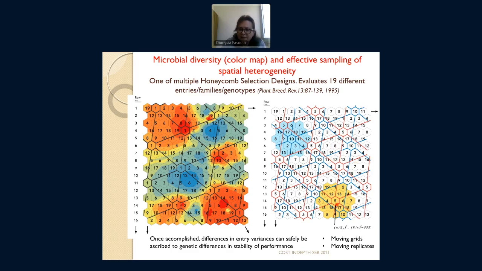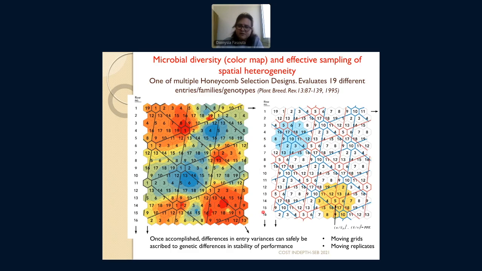At the same time, representatives from the same family, for example, all number 10s, plants belonging to family number 10, form triangular moving grids that span the whole field for spatial heterogeneity, providing a really effective sampling of it.